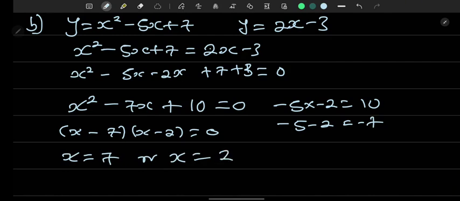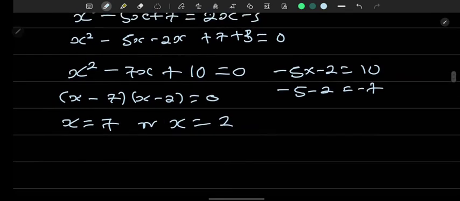So we've gotten two values for x. We now need to get the values of y using each of the values we have for x here. So we consider the equation of the line here, which is y equals 2x minus 3. We can make use of the curve as well, but I prefer to use the equation of the line here.